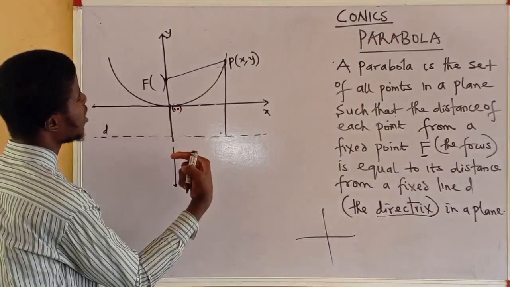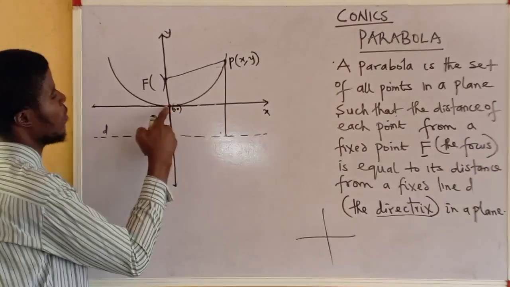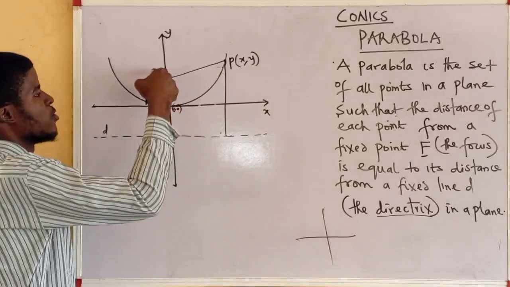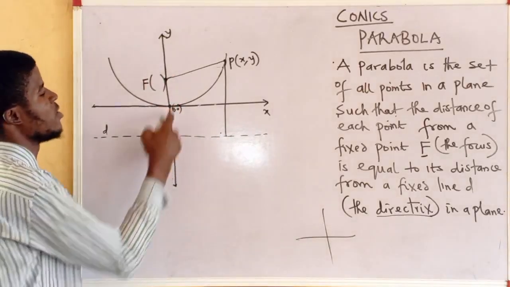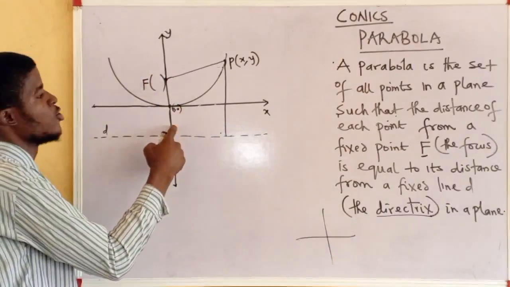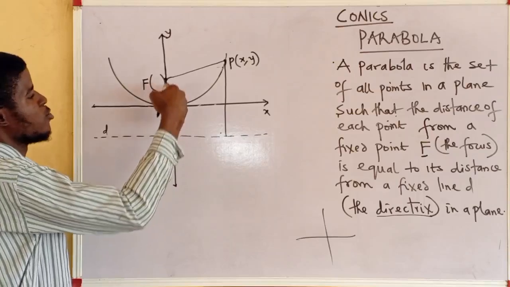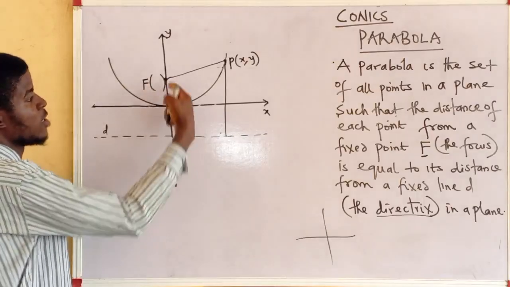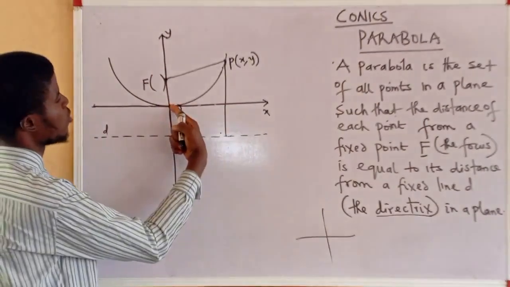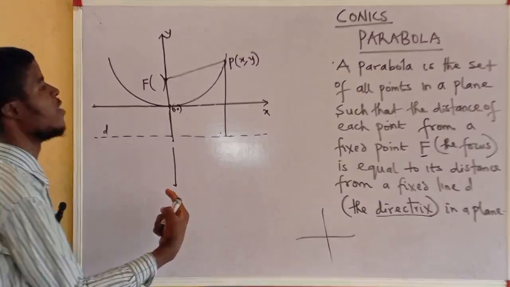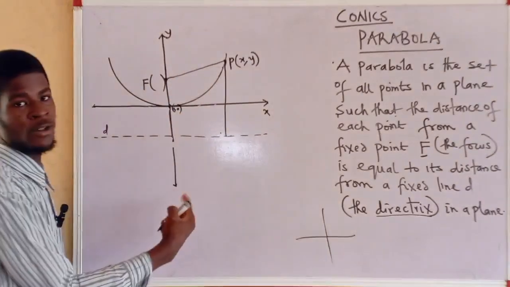Now, you will agree with me that if the distance of this vertex to the focus is the same as the distance of this vertex to the directrix, that means they have equal length. So if, for example, this line is 2 centimeters long from the vertex to the focus, that means this will also be 2 centimeters long, even if they are in the opposite direction.